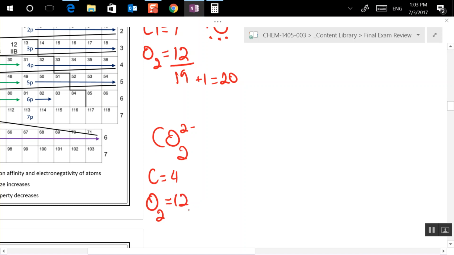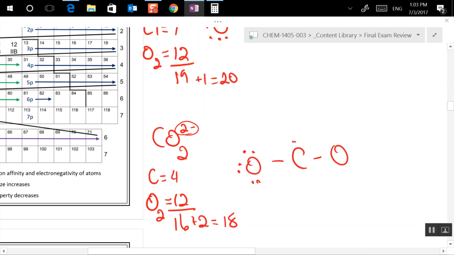So 12 plus 4, 16, but plus 2, it's going to be 18. Okay, so carbon surrounded by oxygen, surrounded by oxygen. There's 20. Oh, what do I do?